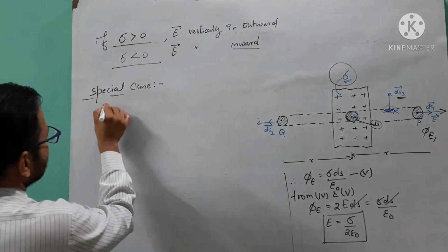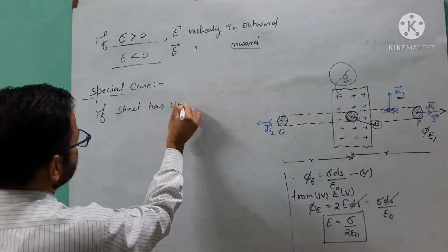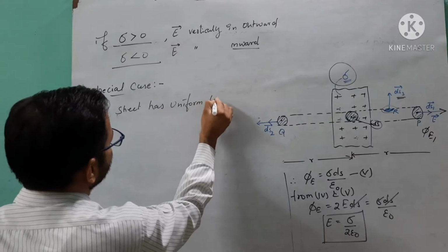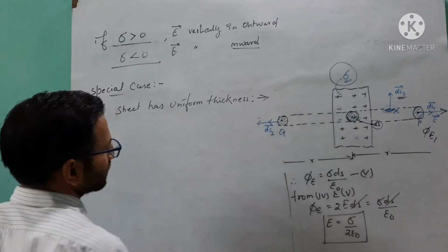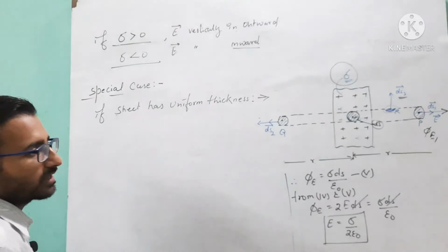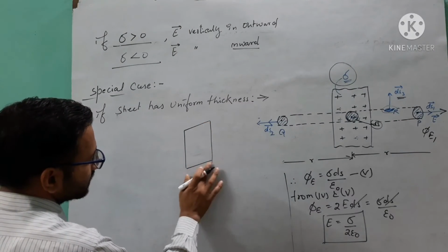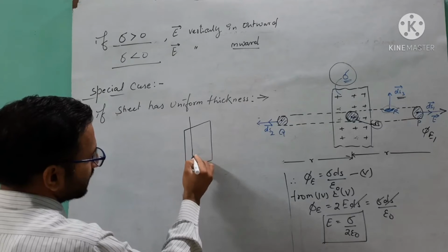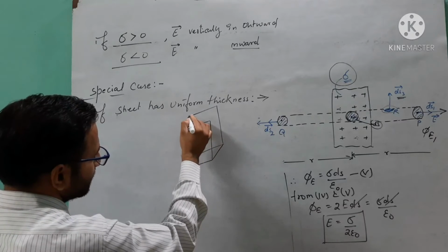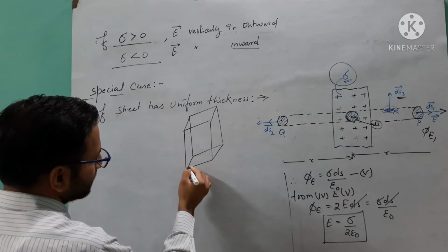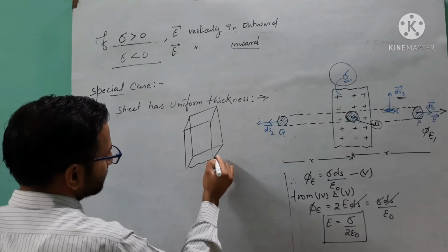If the sheet has uniform thickness, then what happens to its electric field intensity at any point? Suppose we have a sheet of uniform thickness like this. I am drawing the diagram. It may not be up to the mark, you can draw it yourself to understand it.